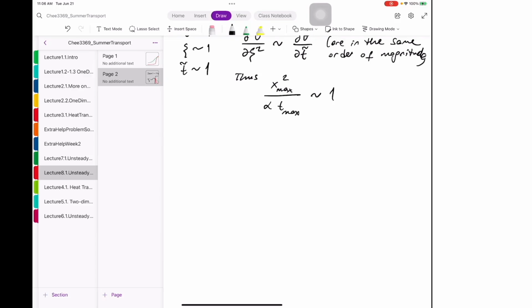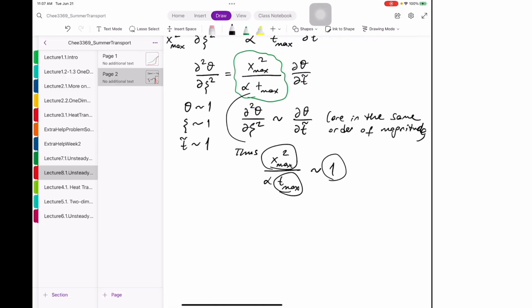So this means that if you find, for example, x max squared increasing quadratically with time, then you would find this not equal to 1. Maybe sometime later you're going to find it 1,000, and then sometime later a million, and so on, which is in contradiction with this order of magnitude estimate.